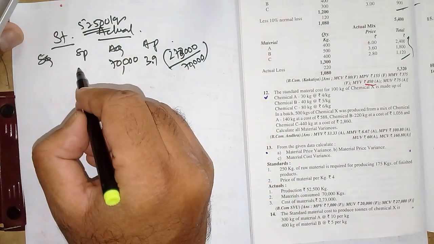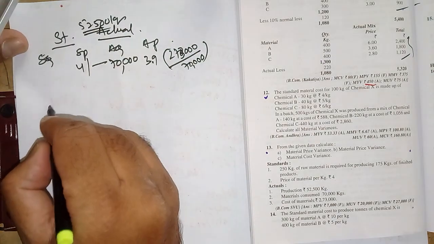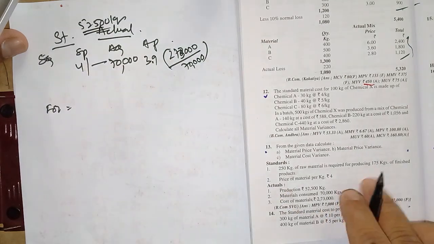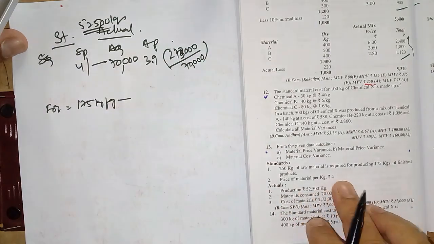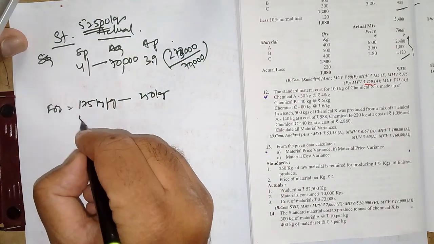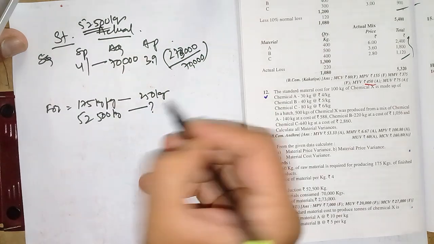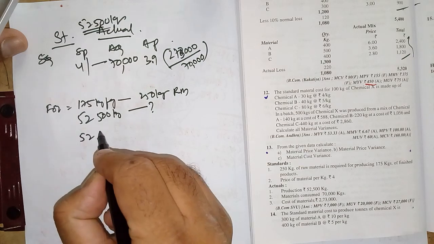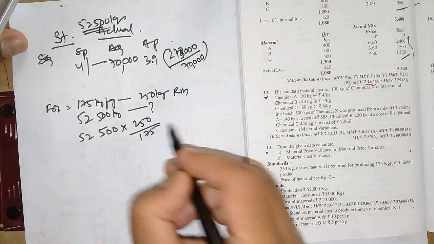Whereas standard price is 4, so we need to calculate by cross multiplication for 175 kgs of finished product. For 175 kgs of FG, finished goods, we require how much raw material? 250 kgs. So here we have to produce 52,500 kgs, so raw material is how much? Cross multiply 52,500 into 250 divided by 175.